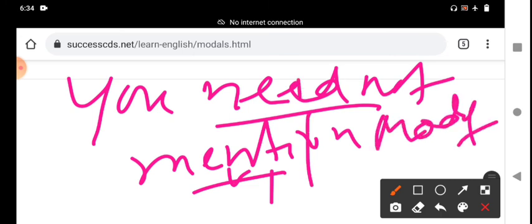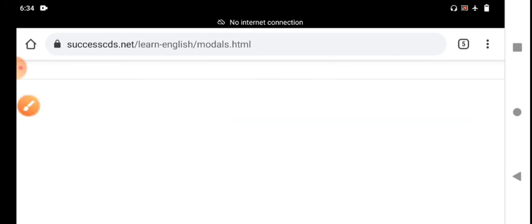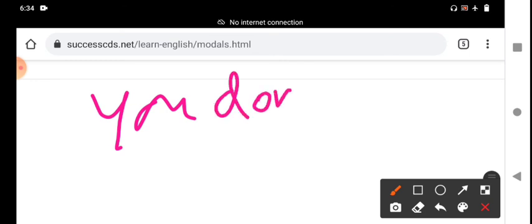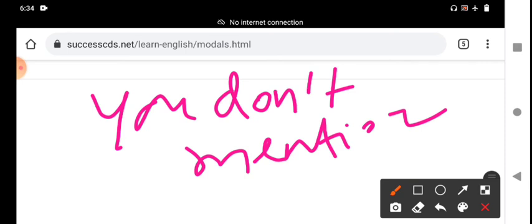The same example I will write for you as a main verb.